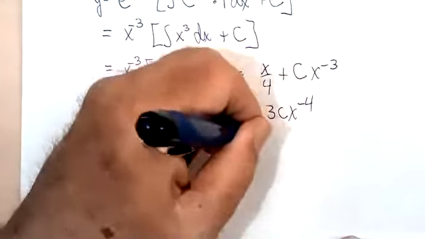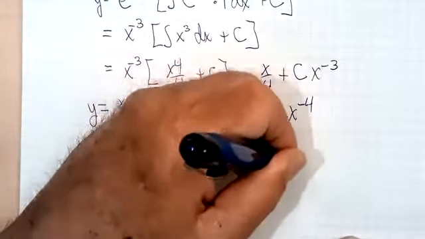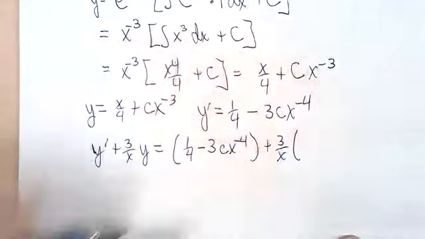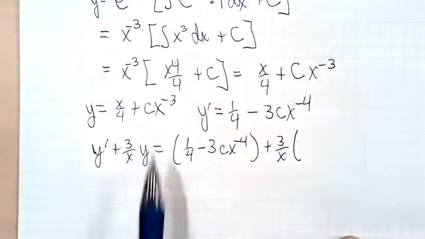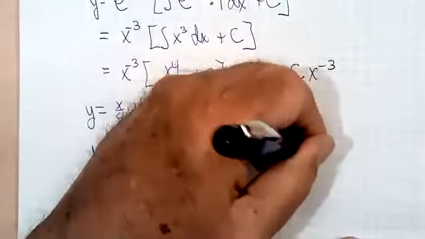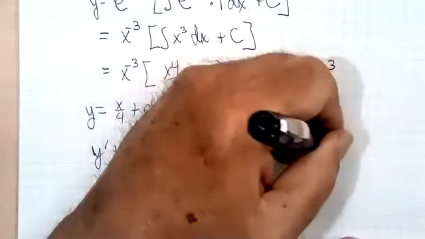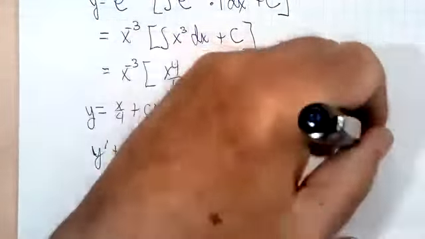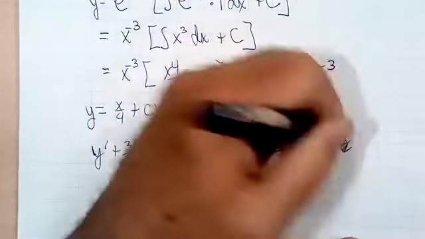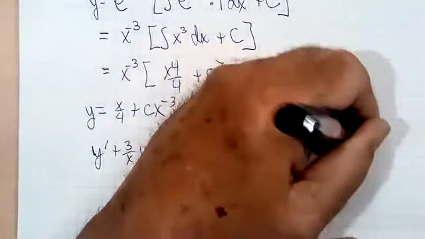That's y prime plus 3 over x times y, and y is right here, x over 4 plus c x to the minus 3.